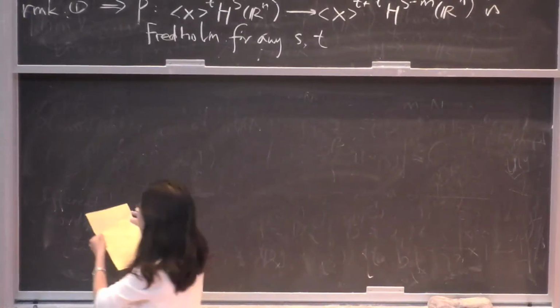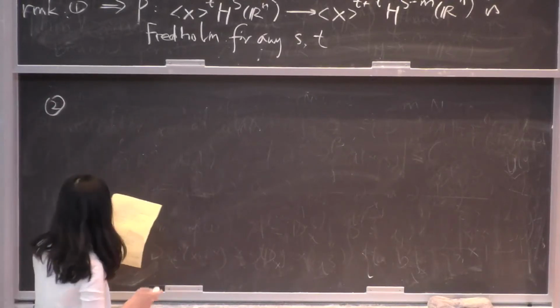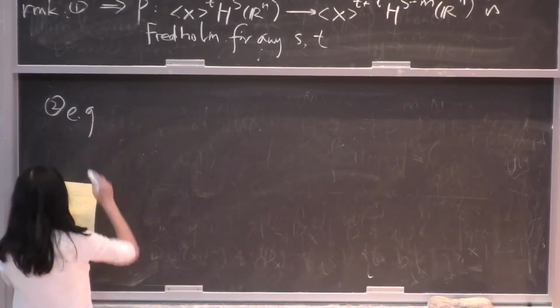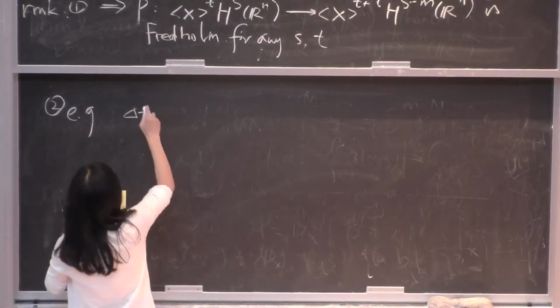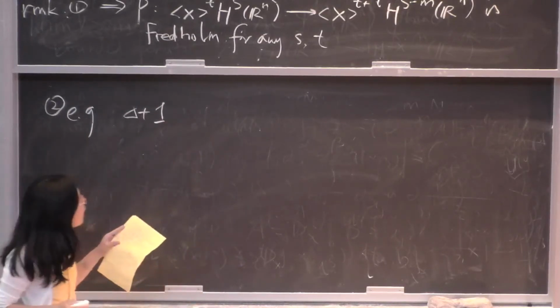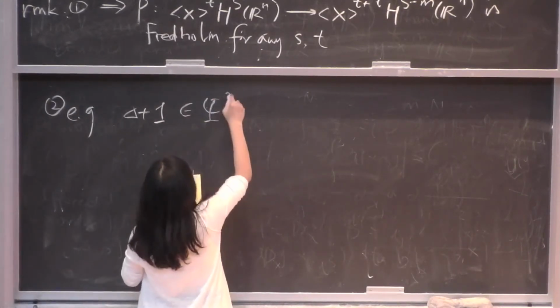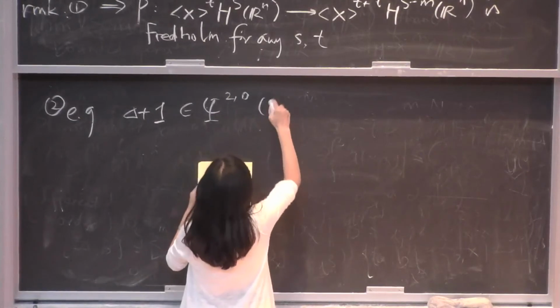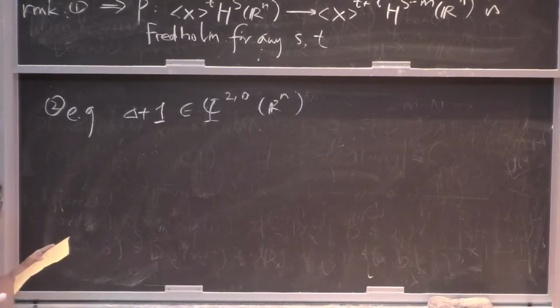And the second remark is about the example that we started from in section 0. You can check that the Laplacian plus 1 is in Psi^{2,0}(R^n). So that's one example of a globally elliptic operator.